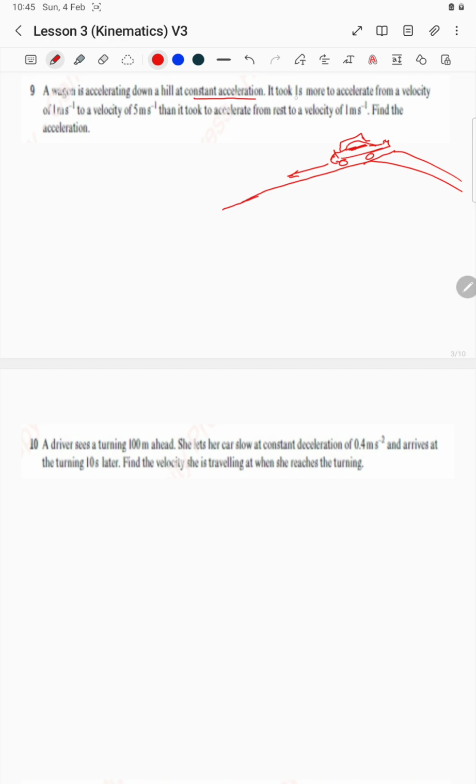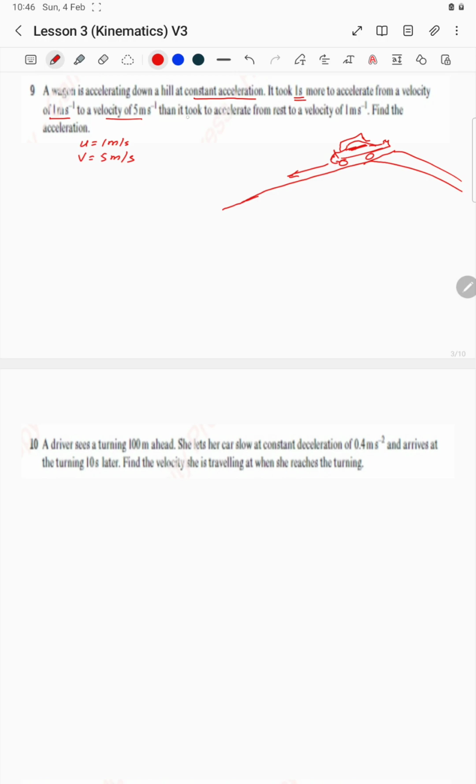It took 1 second more to accelerate from a velocity of 1 meter per second, it means u is 1 meter per second, to a velocity of 5 meters per second. So it takes 1 second more for this case.